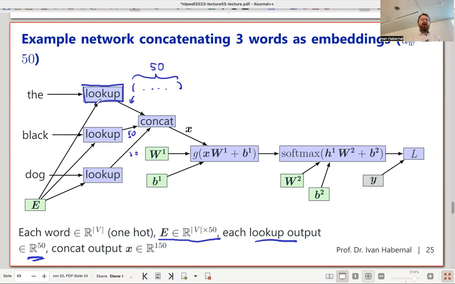Well, okay, now you might be asking, why do we have the same parameter for multiple nodes here? Why don't we have E1 for the first word, E2 for the second word, and E3 for the third word? Why do we have one matrix for all words?